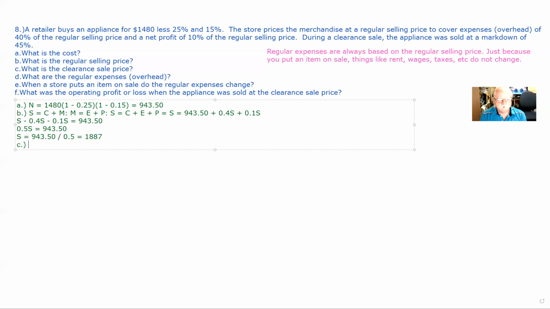So we'll start with basically N equals L times (1 minus D1), but in this case, our list price is the 1,887, and there's only one discount, 0.45. And so when they put this thing on sale, it came down to 1037.85.